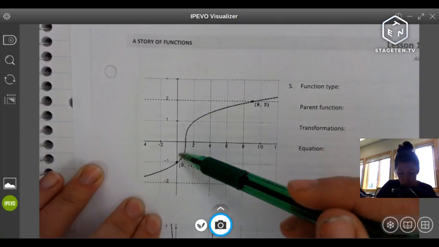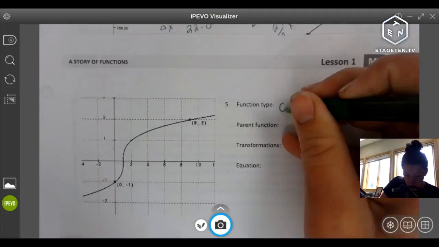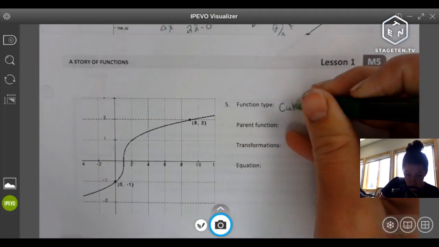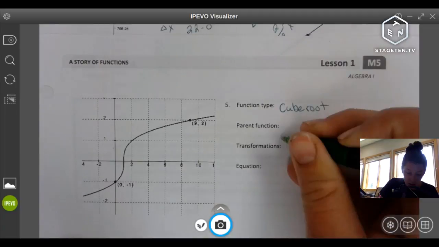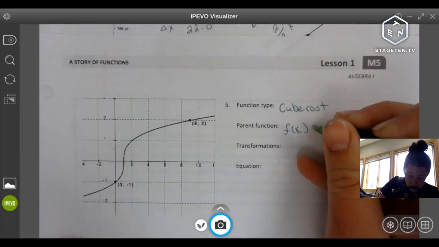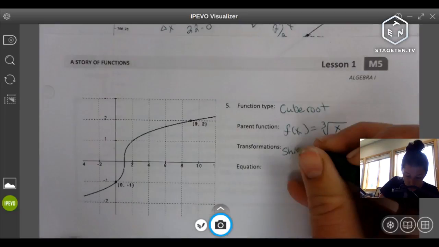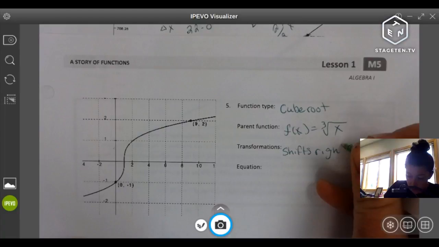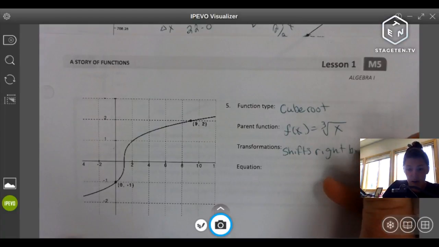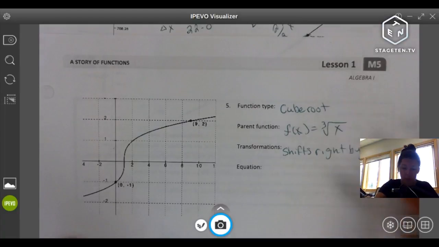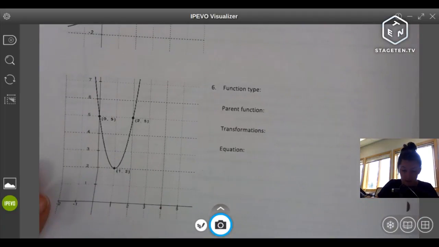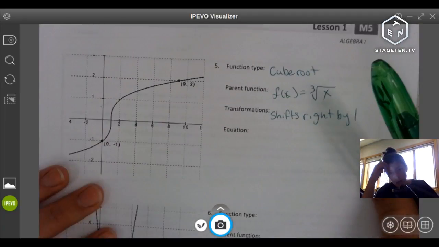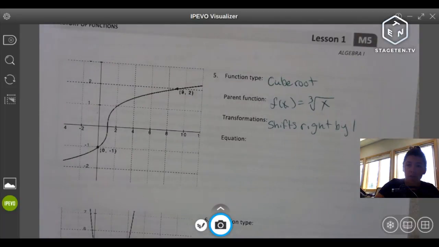So it shifted to the right by 1. Its function type is a cube root. Parent function is f of x equals cube root of x. Transformations: shifts right by 1. Okay, and the equation here, I would check this in Desmos. I haven't done the cube root function yet, but I put shifts for the cube root. Let's go ahead and look.